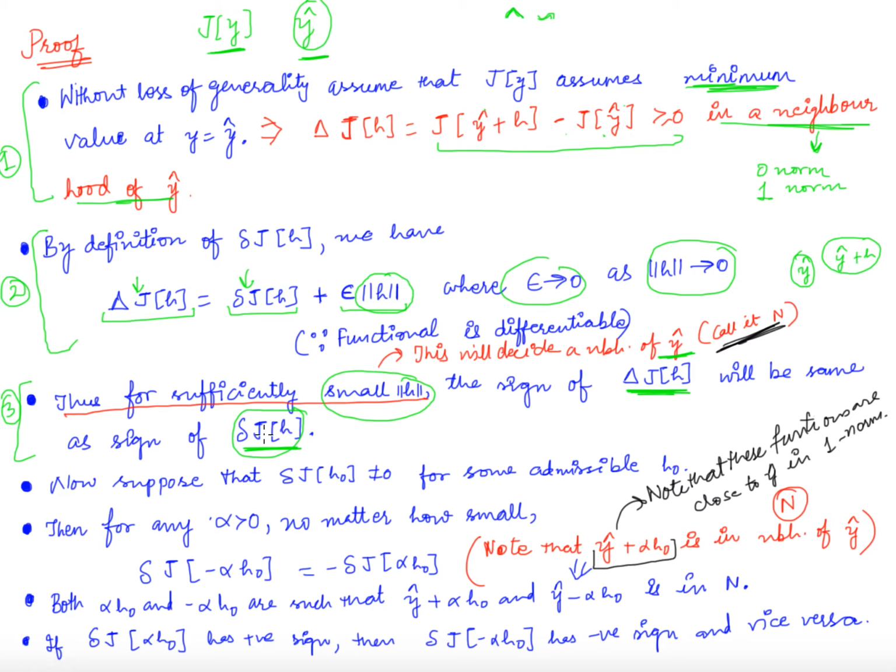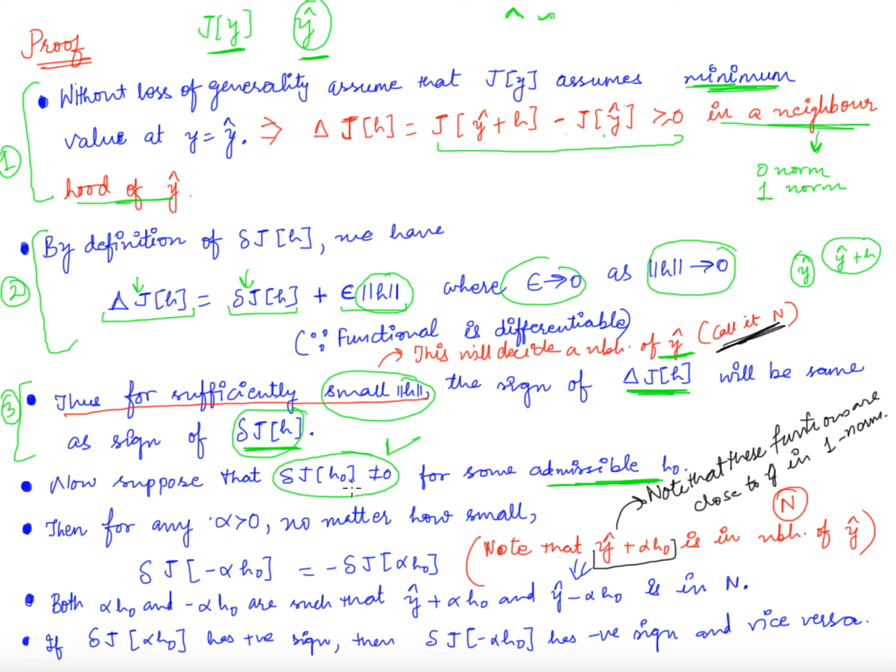Suppose this is not 0 for all admissible h. So it means that there exists some admissible function h naught for which this variation is not equal to 0. This is what we are assuming.